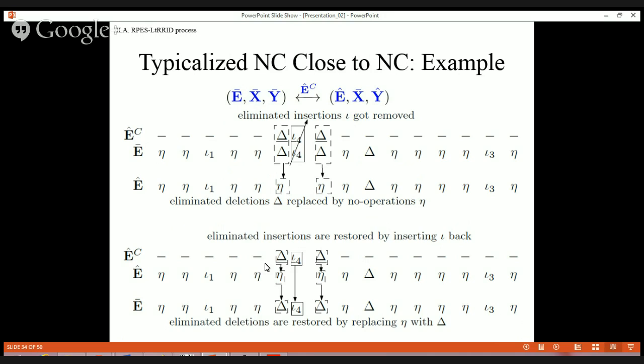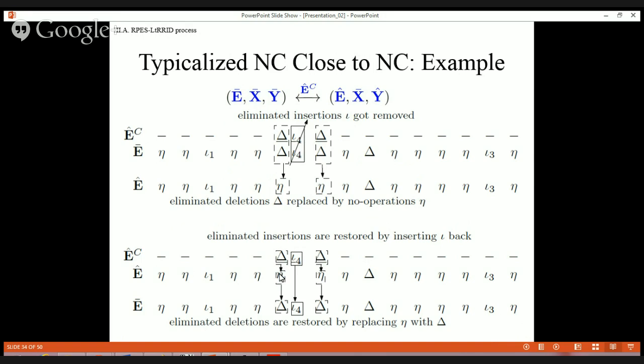So next we show the direction from the right-hand side to the left-hand side. When we see a delta underline in E complement, it means that we eliminated a deletion here.